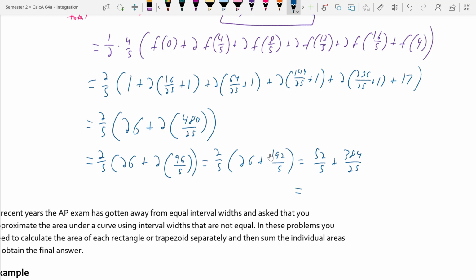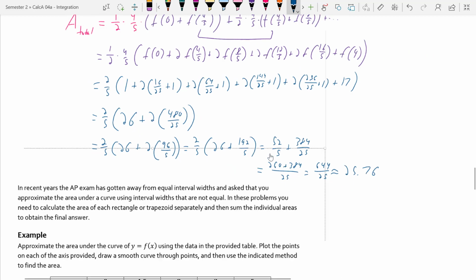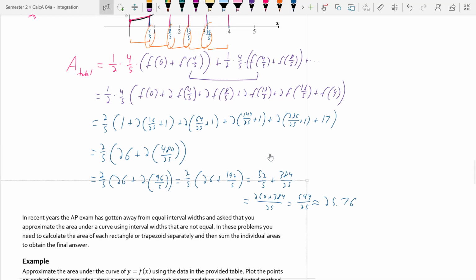Multiply this by 5, you get 260 plus 384 all over 25, or 644 over 25, which is about 25.76.